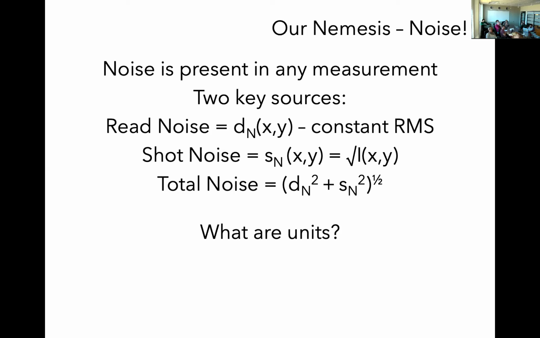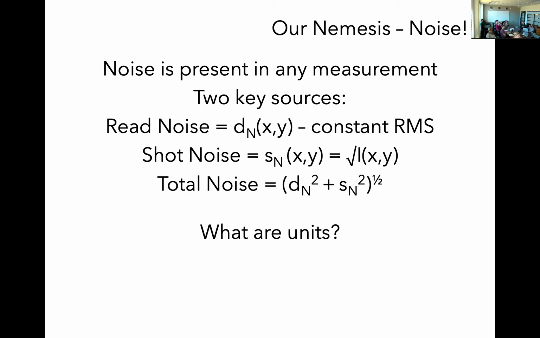So that's good. The other one is shot noise, which is just an inherent property of a signal. I'm observing light from this ensemble of photons, and some of them are emitting and some of them aren't, and how many emit photons in my direction at any particular moment is just a statistical property. So sometimes there's a few more, sometimes a few less photons emitted, and that depends on the square root of the total number of photons I'm detecting.